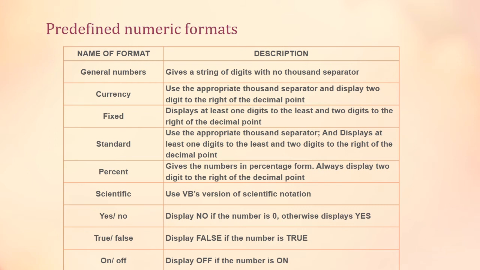If we need a number without a thousand separator, we use General Number. If we need a thousand separator, we use Standard. If we want a currency format, we use Currency. For a fixed format, we use Fixed. If we need a number in percentage form, we use Percent. So according to our necessity, we can use these predefined numeric formats.